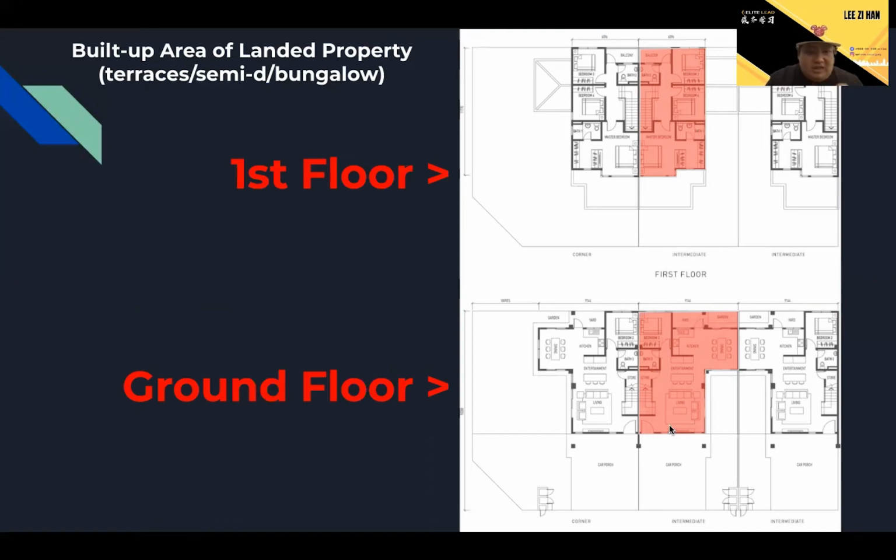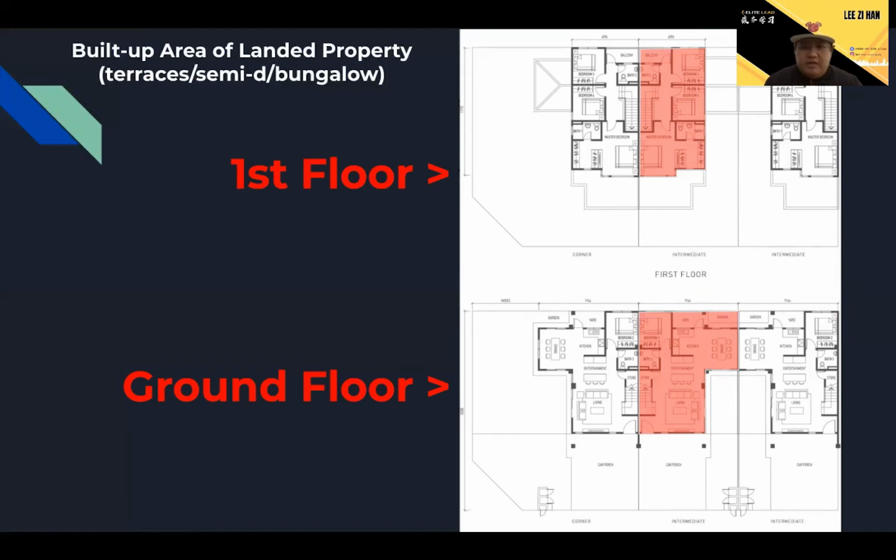But if it is a two-story semi-detached, then the build-up area will be whatever area you are using to build the ground floor, as well as the area on the first floor. So the total usable area that you build on a piece of land is called the build-up area.